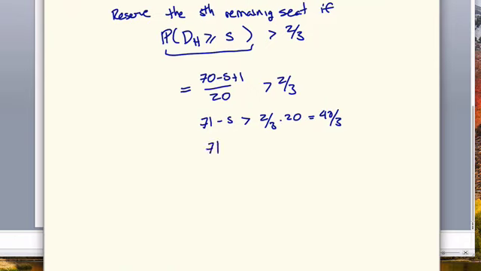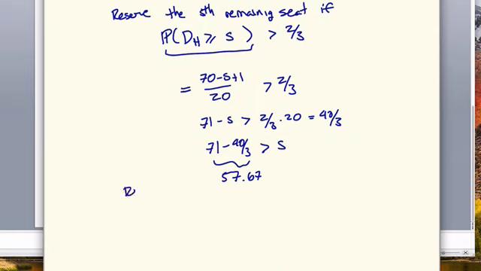So I get 71 minus 40/3 is greater than S. And this number ends up being 57.67. So if S is less than 57.67, I reserve. And if S is bigger than 57.67, I would sell.